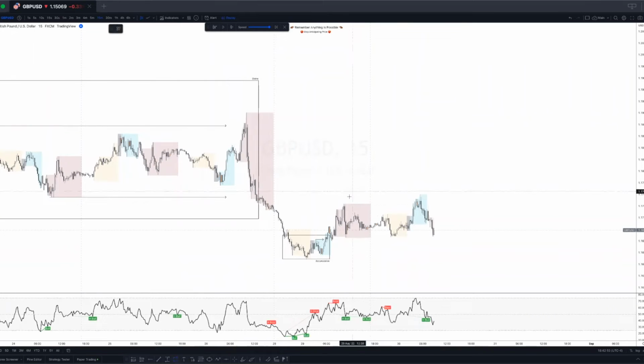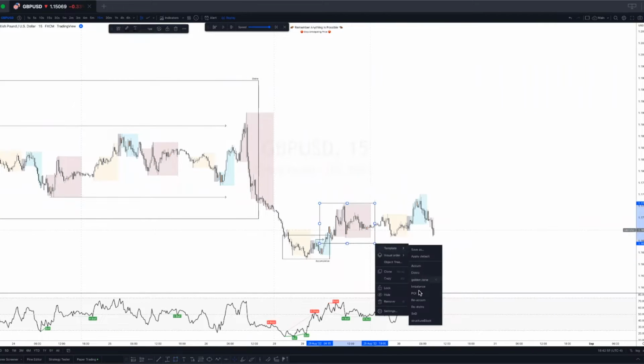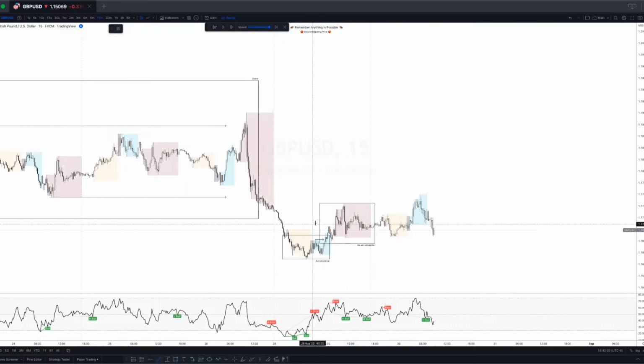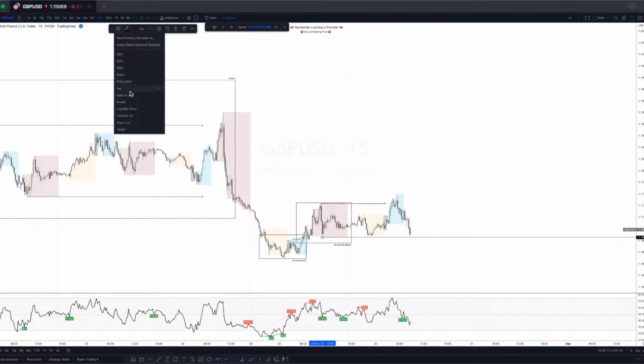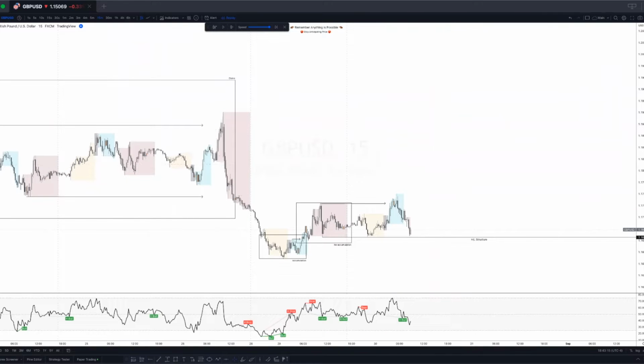This was a reaccumulation. It was confirmed here. This is the low that made that high. And I have this marked as like high lows.